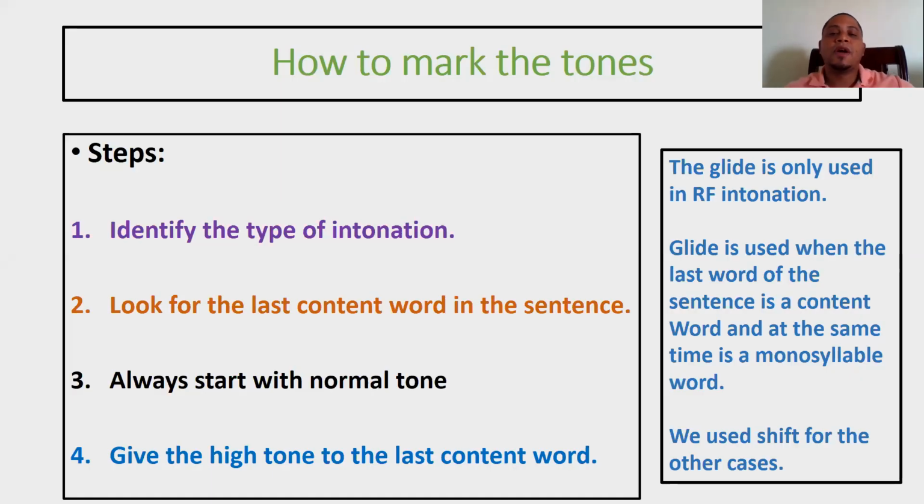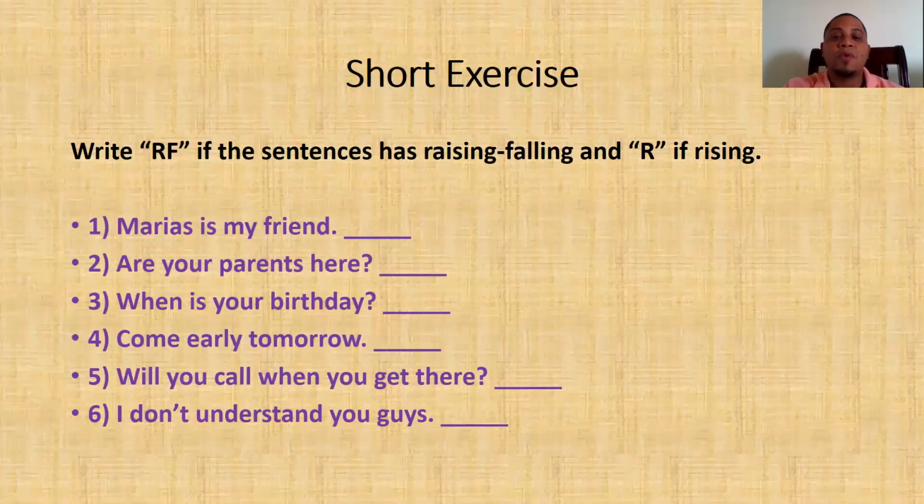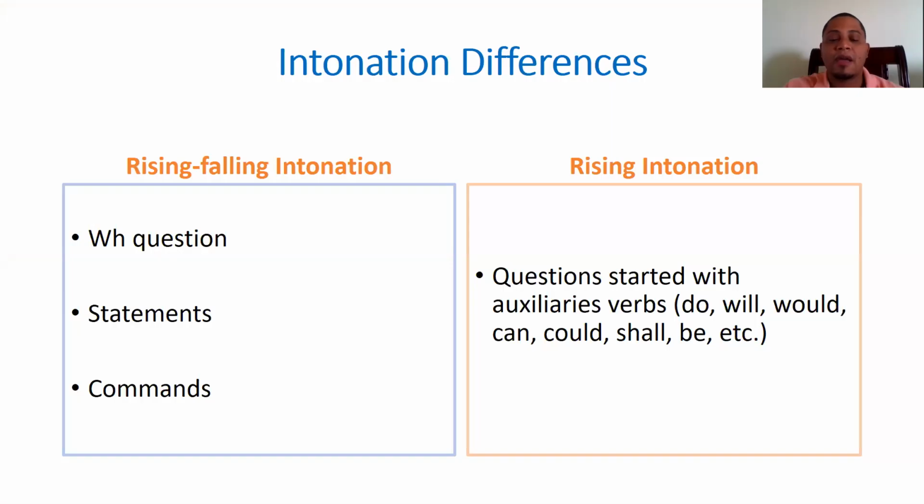So here we go. How can you mark the tones in a sentence? We have 4 steps to follow. The first step is that you need to identify the type of intonation that the sentence has. And that's what we just did right now, okay?